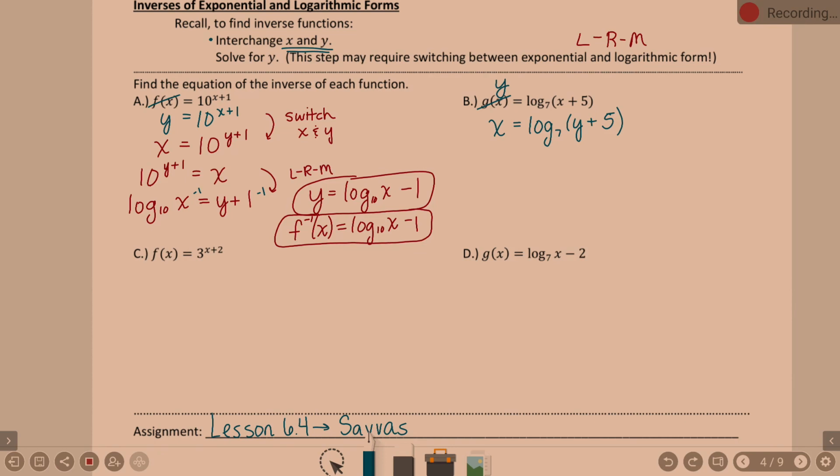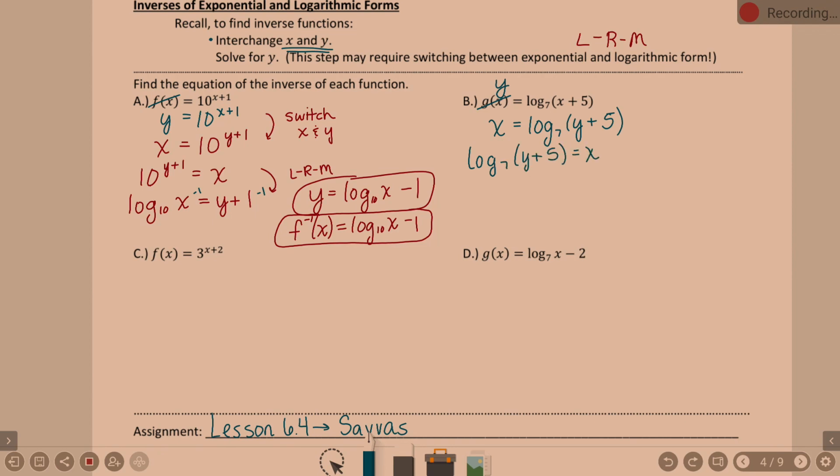Now we're going to go the other way. We're going to do left, right, middle again, but this time we're going out of log form to exponential form. In order to do left, right, middle, your log base 7 is the left, yes? It's on my right side. So if you feel the need, rewrite this as log base 7 of y plus 5 equals x.